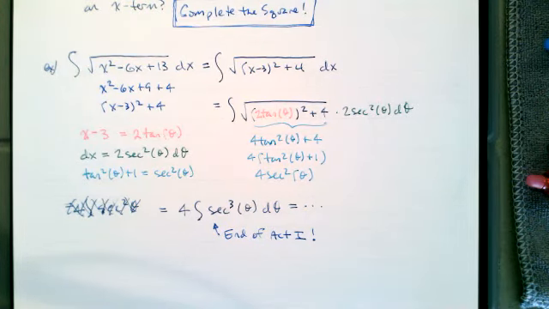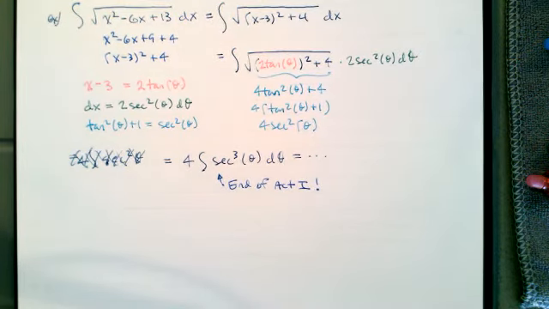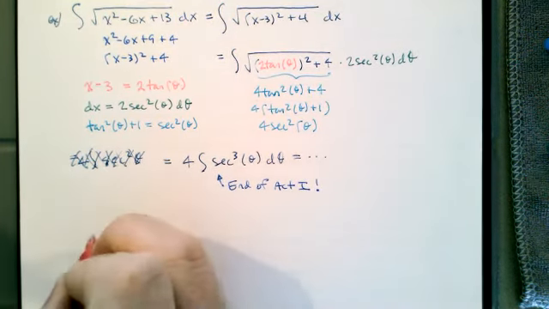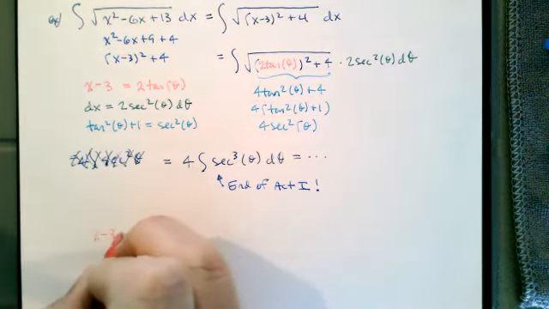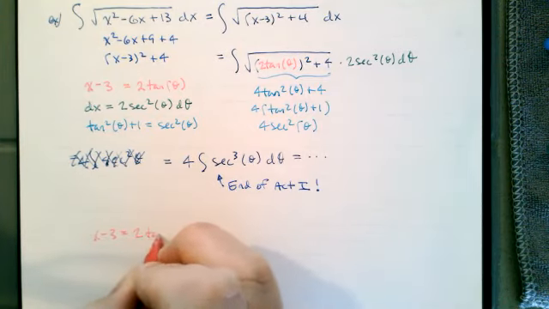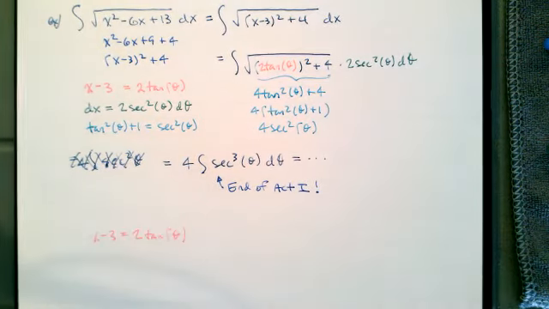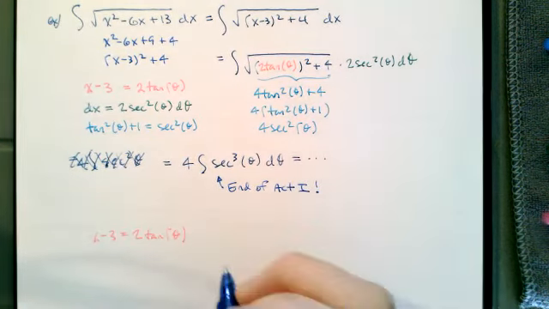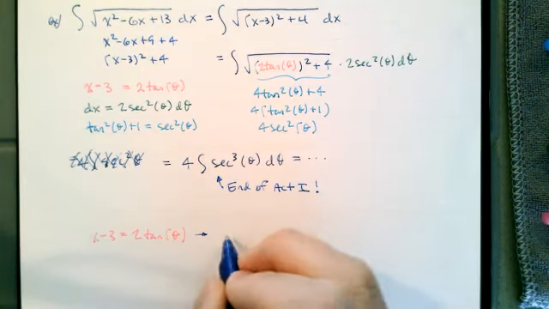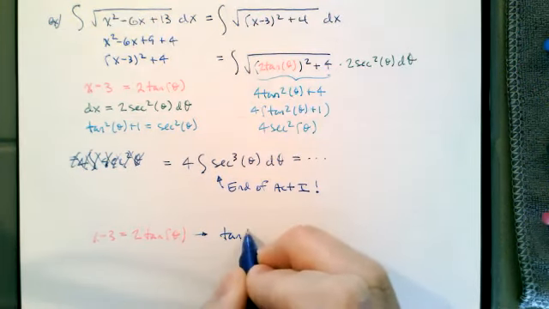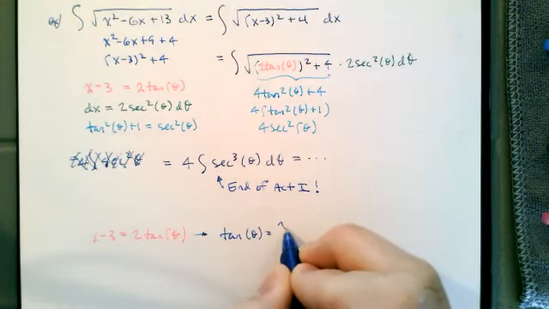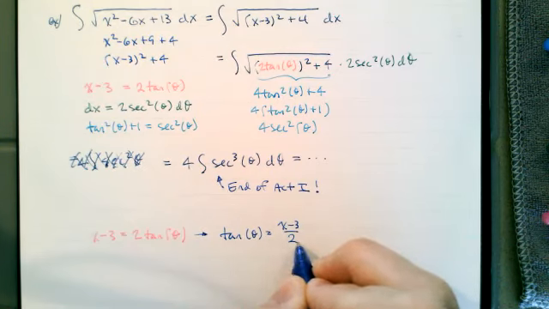So this is going to give us an expression with a bunch of secants and tangents in it. So if we have x minus 3 is equal to 2 tangent theta, then solving for tangent tells us that tangent of theta is x minus 3 over 2.